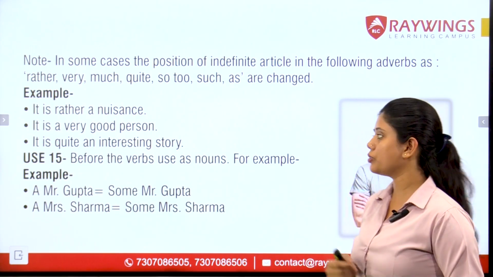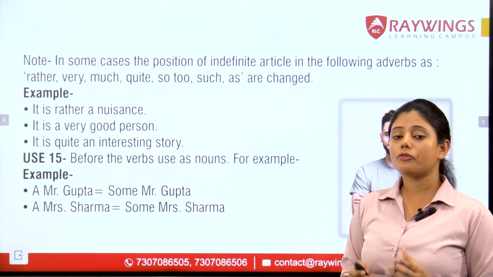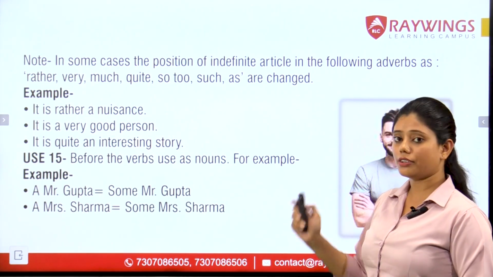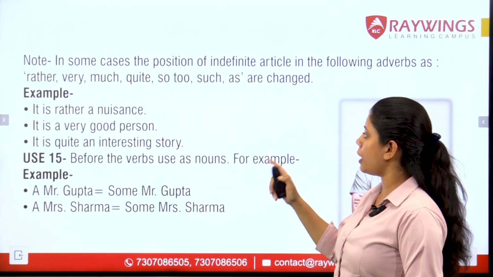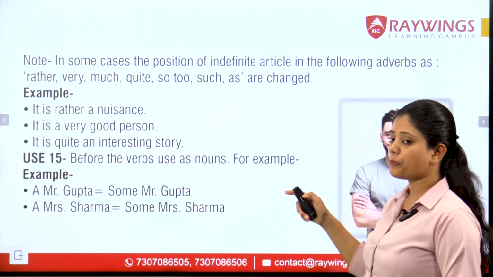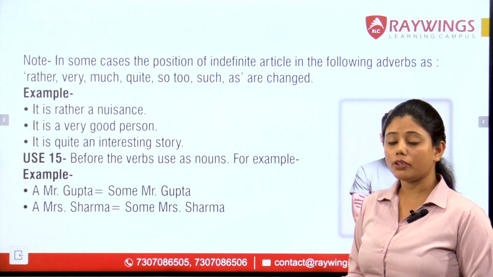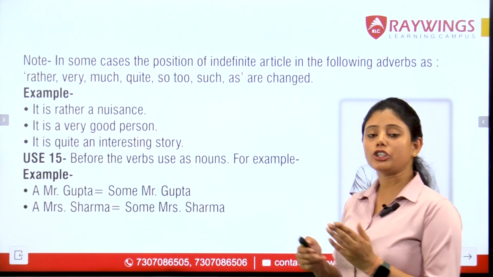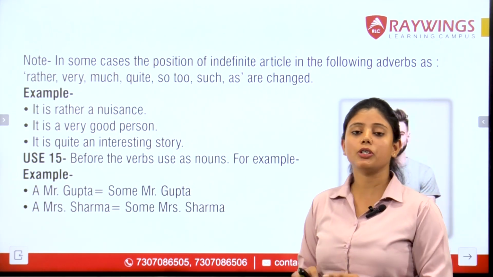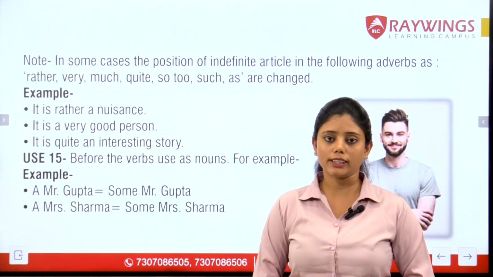So this first rule says that if we are using certain words, and those words are rather, very, much, quite, so, too, such, then always remember the position of the articles can be changed depending on that particular adverb which we are using in our sentence.